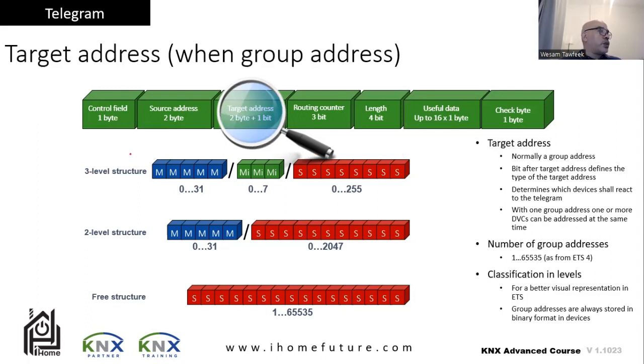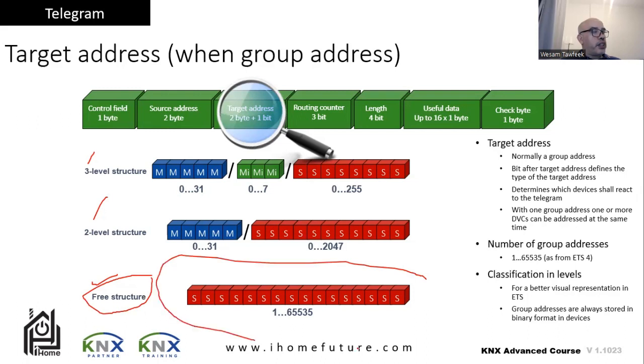And we said also that the group address normally comes with a three-level structure, two-level structure, or free structure. We normally use the three-level and two-level structures in medium to small projects. However, for bigger projects, we use the free structure because it gives me a lot of freedom in describing my group address.